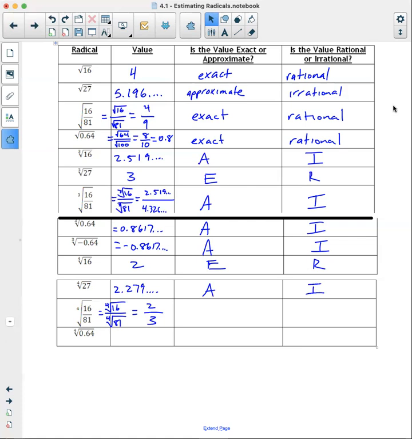Anytime we have rational numbers as a fraction, those are going to be exact values and will be rational. Okay, so the big thing here is, one, entering cube roots and fourth roots into a calculator. Also simplifying radicals, like if we're taking the cube root of a fraction, we should always try to take the index of the radicand of the numerator and the denominator separately.